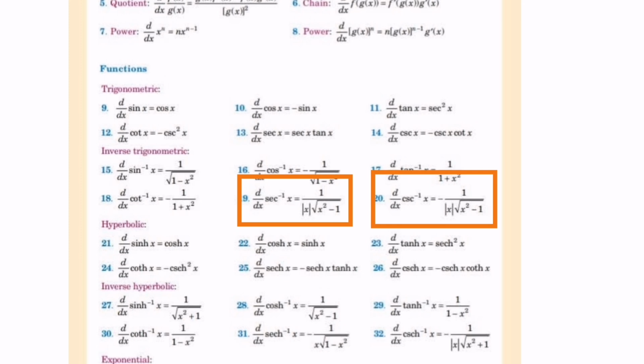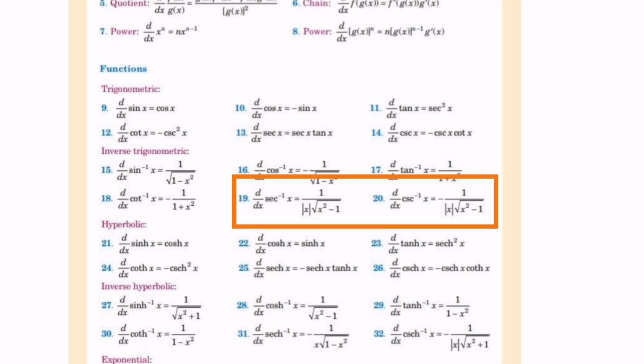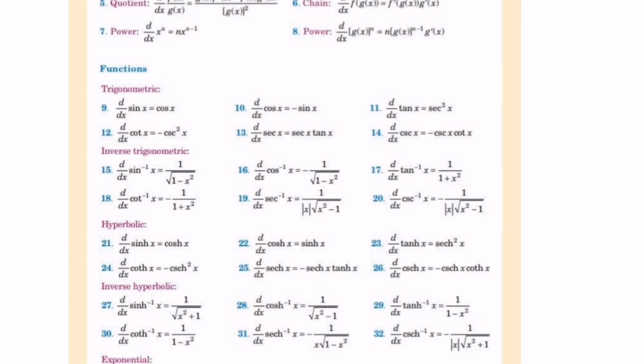So we see that derivatives of secant inverse and cosecant inverse differ by negative sign. Also derivatives of tangent inverse and cotangent inverse differ only by negative sign. So the only difference is negative sign.